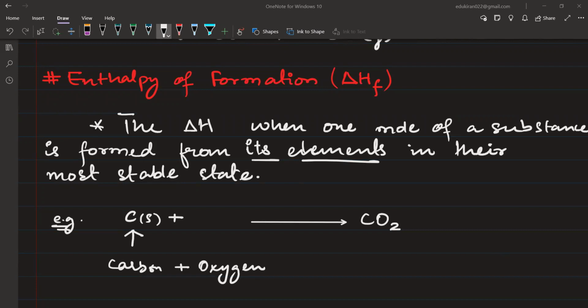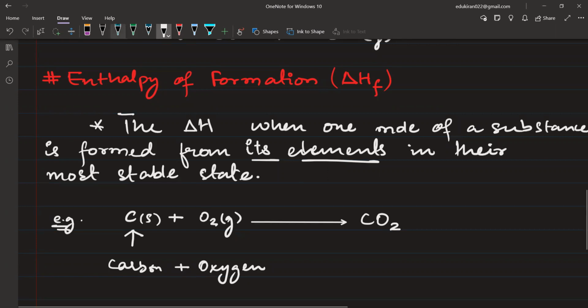Tell me. Most stable state of oxygen? Gas. O2 gas. Is that clear, everyone? Yes or no? Please tell me. Yes, sir. ठीक है. देखिए आप किस तरह से restrict कर दिया.